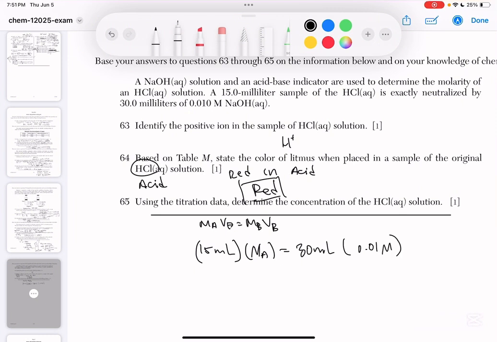So all we have to do is divide the whole thing by 15, and let me just type it into my calculator real quick. Molarity is 0.02.